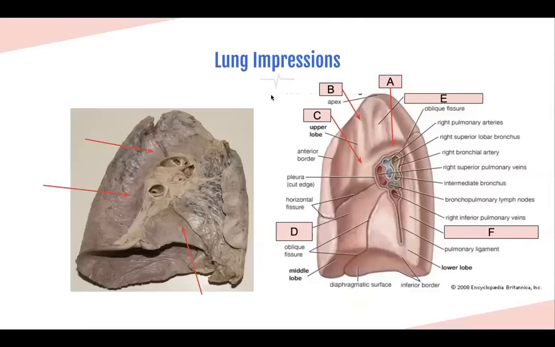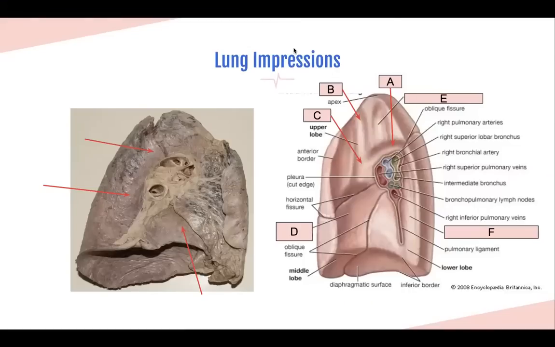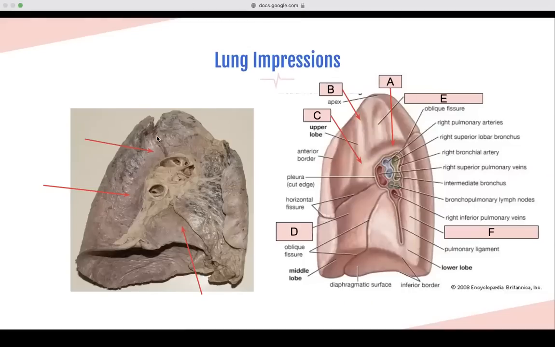Now, the lung impressions. So, again, which lung is this? Left lung. Yes, exactly. See, so the orbital fissure goes from left to right, so this is the left lung. And what impression do we have here?